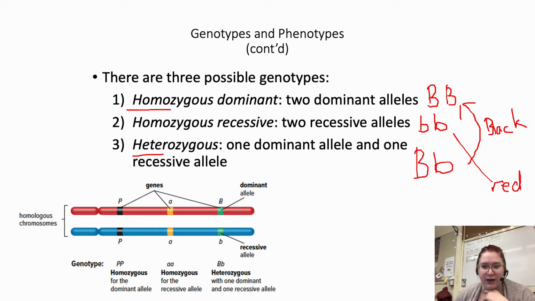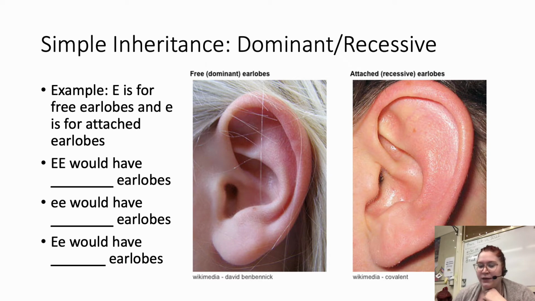Okay, let's do some more practice. In humans, you can have a free earlobe, which you can see down here, means it's not attached to the side of your head. Or you can have an attached earlobe, so it's stuck to the side of your head. And free earlobe is dominant to attached earlobe.